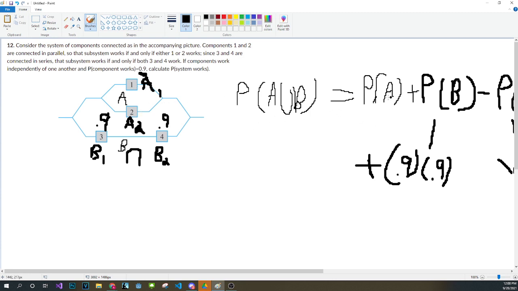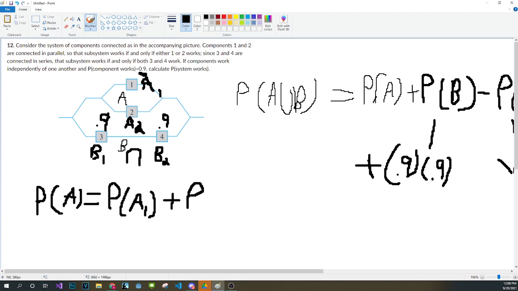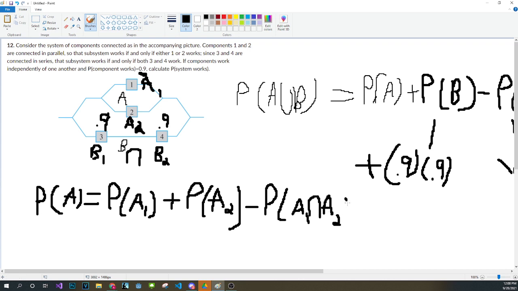So to find the probability of that, we use the addition rule again, which would be the probability of A is equal to the probability of A1 plus the probability of A2 minus the probability of A1 and A2.